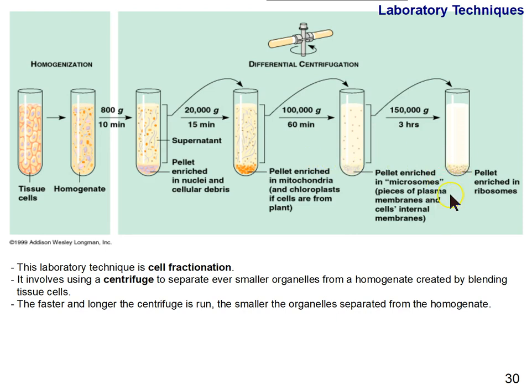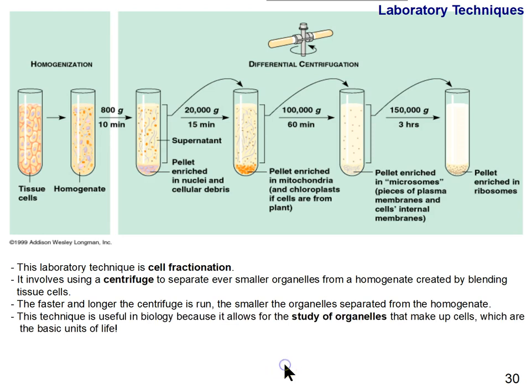And then finally, if we spin it extremely fast for a much longer time, then that pellet's going to contain the smallest components of cells, which in this case are the ribosomes, which are the smallest organelles that you'll find making up cells. So it's a very useful tool in separating out the components of cells and studying organelles in general.